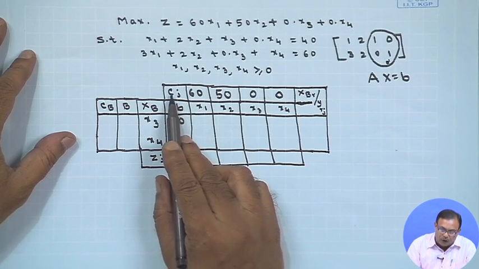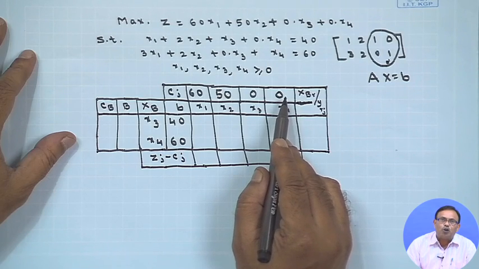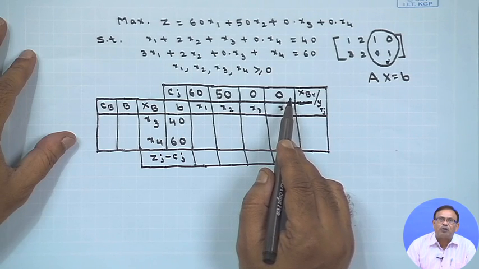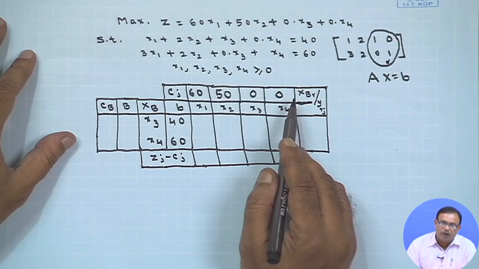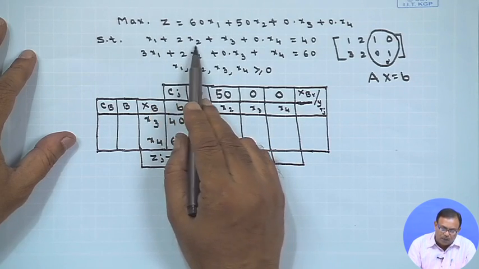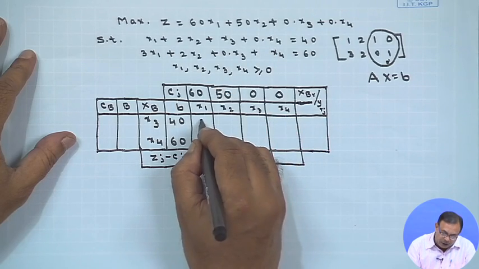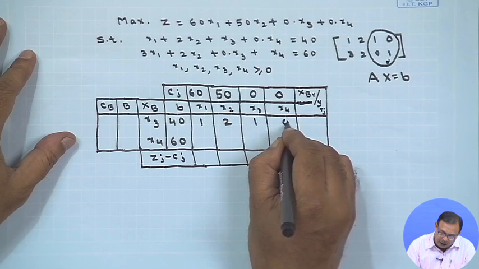Here, as we have told, the first row corresponds to the objective function, that is, the coefficients of the decision variables in the objective function, and subsequent rows correspond to the coefficients of the decision variables in the constraints. So, your first constraint is x1 plus 2x2 plus x3 plus 0 x4. So, the coefficient of x1 is 1, x2 is 2, x3 is 1 and x4 is 0.